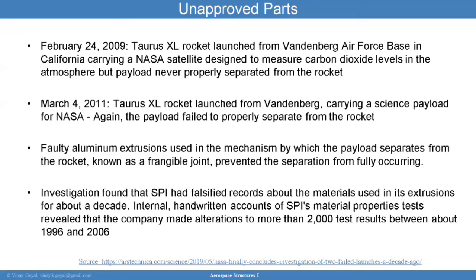They found accounts internal to the company showing that material property test results were altered between 1996 and 2006. And so this shows how dishonesty, falsifying information, or not being careful could cause significant damage that could kill people or could cause science missions or expensive satellites to fail.